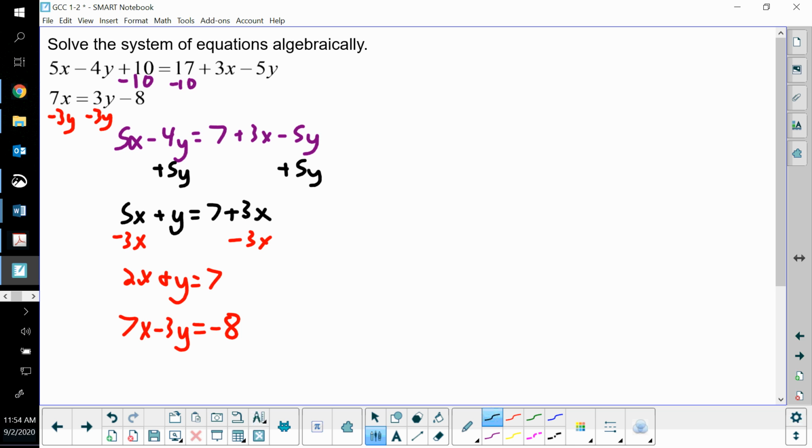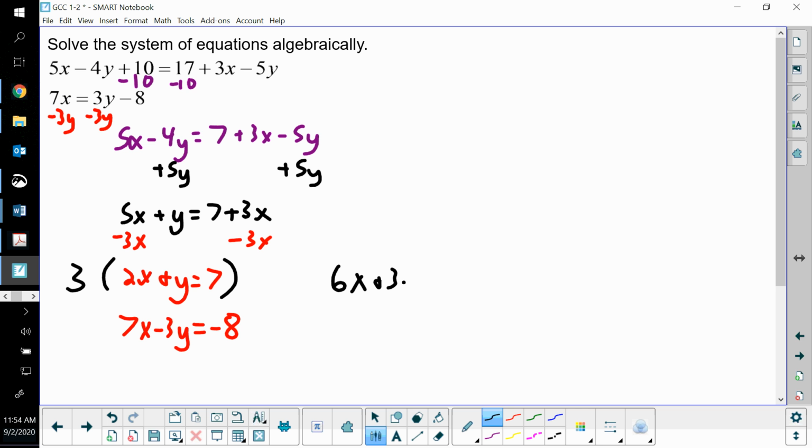Anytime you have a 1 as the coefficient, that's probably going to be easier, because we can just multiply the top by +3. If hypothetically you wanted to get the x's to match up, you would maybe multiply the top by 7 and the bottom by -2. You'd need one positive and one negative to make sure they end up as opposite signs. But it'll be easier to just multiply this one by 3.